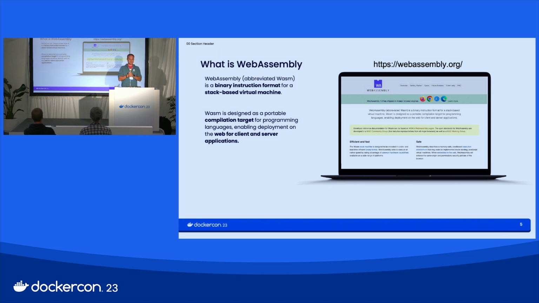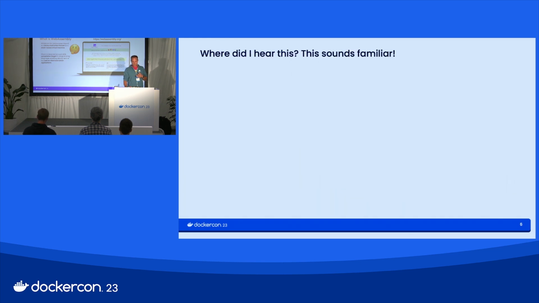On the website, there is a sentence saying WebAssembly, or Wasm, is a binary instruction format for a stack-based virtual machine, designed to be portable, and it can run on the web, on the client side, or on the server side. And this first sentence made me think, wait a minute, binary instruction format for a stack-based virtual machine? I think I've heard this somewhere a while ago.